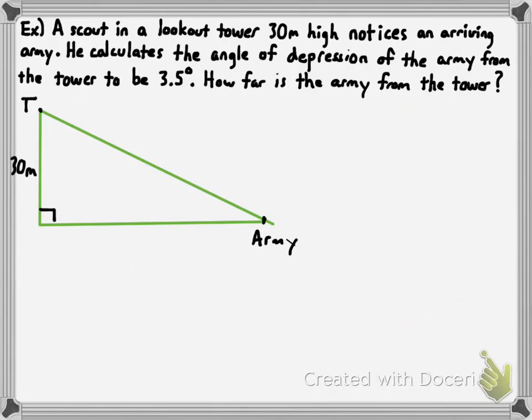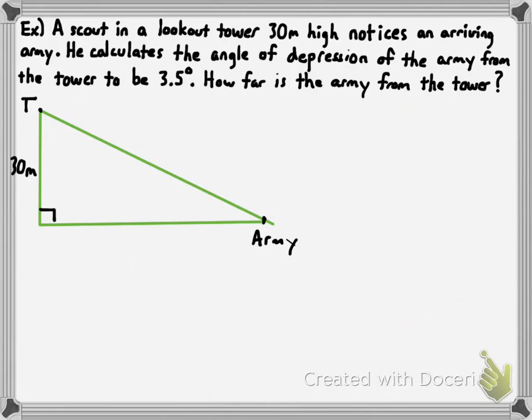And it also tells us the angle of depression of the army from the tower. Now basically what that means is it tells us what angle the lookout person had to rotate his head down in order to be able to see the army. And one thing you're going to have to get used to with angles of depression is that they are always in comparison to a horizontal line.